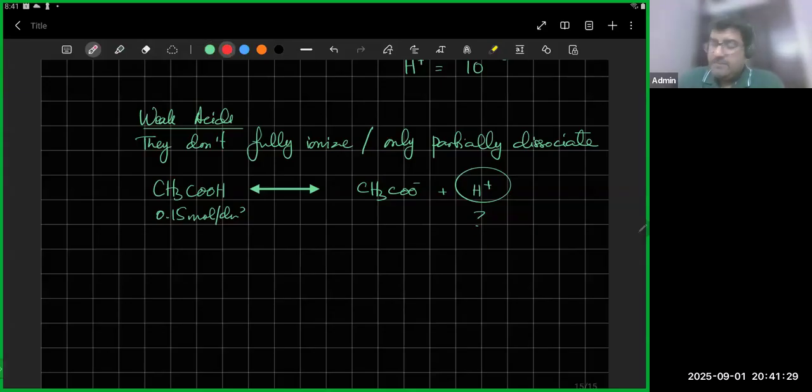Normally weak acids dissociate very little, so it's actually going to be very much less than 0.15 mole per dm cube. It's not going to fully ionize.